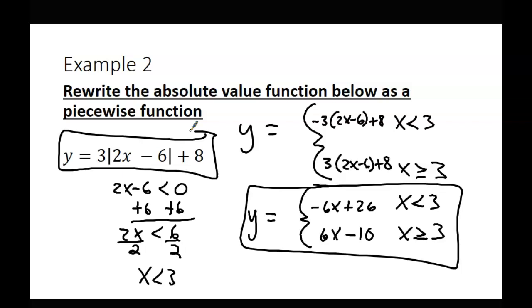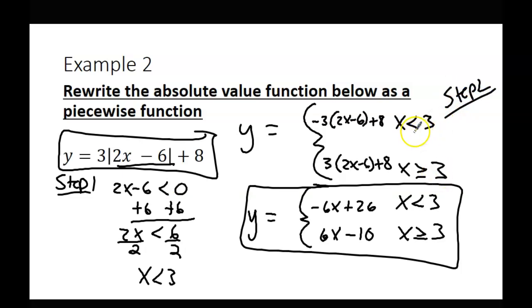Okay? So, step one, let's review. Step one, take what's in here, make it less than 0, and solve. That tells you the place where the function will change its sign. Okay? So then we write it. Step 2. You have less than 3, you have greater than 3.